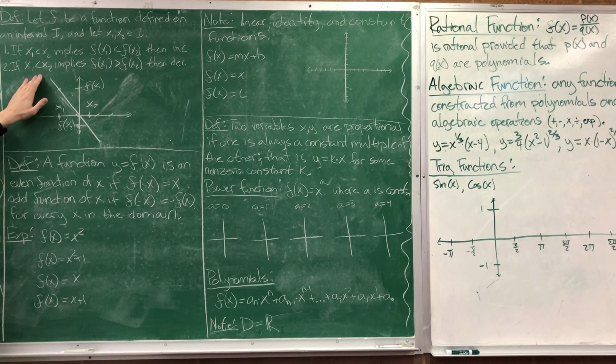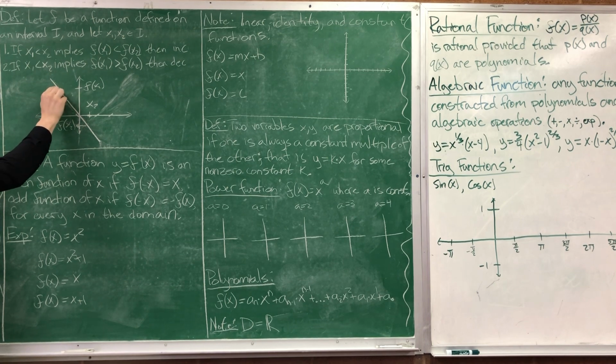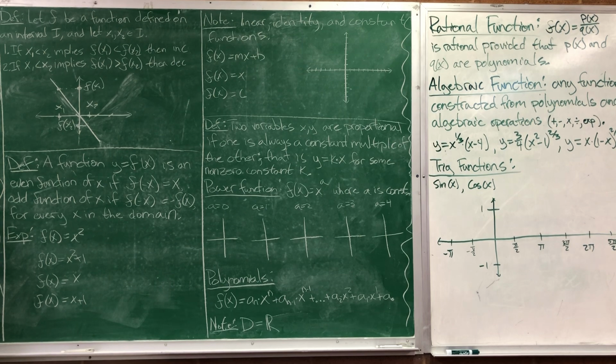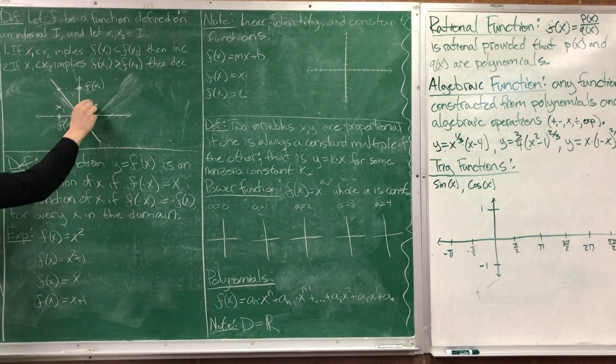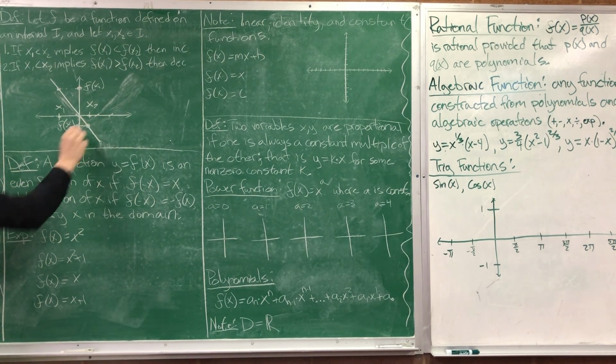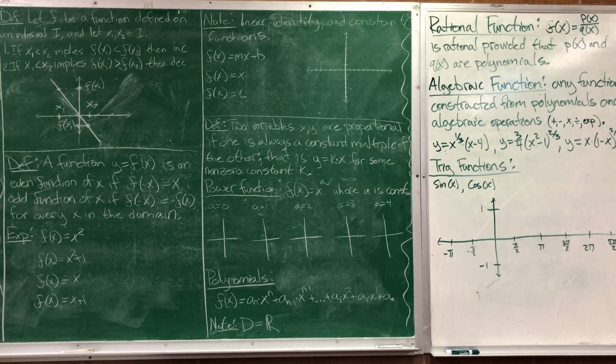Is that the case? Okay. What's f of x1? What is the height of the function at x1? That's the height of this point. That's like 3. What's the height of the function at x2? It's like -1. So f of x1 is right here, f of x2 is right here. So f of x1 is greater than f of x2.